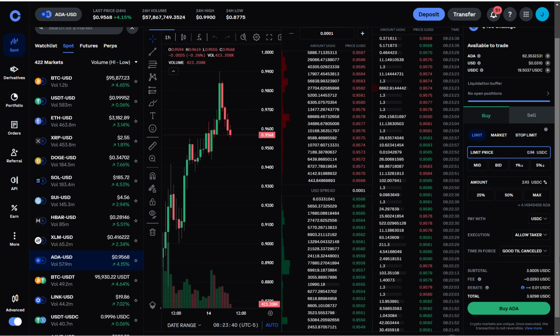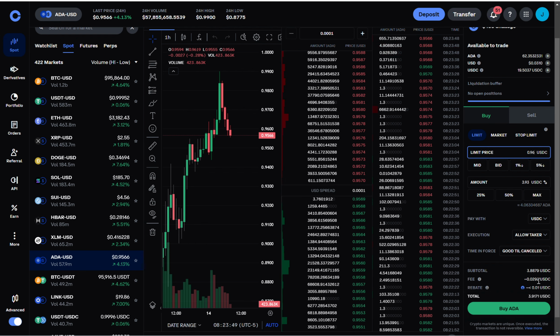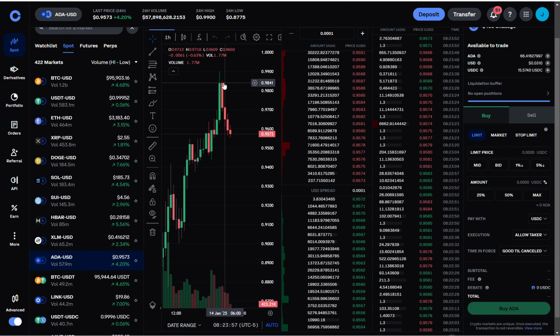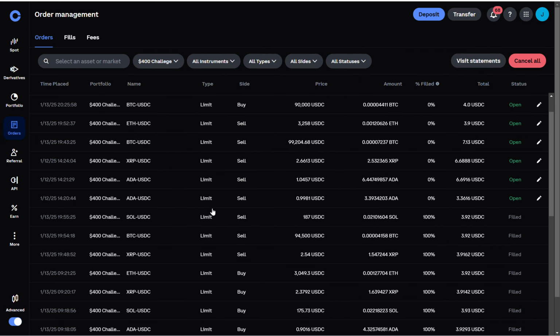We're going to set this at 96 even, which will give us about 0.3 free Cardano when this crosses back above 96 cents. We'll place it, and now that's placed. We would have actually gotten out at a great price yesterday if I didn't make a mistake. And there we go.